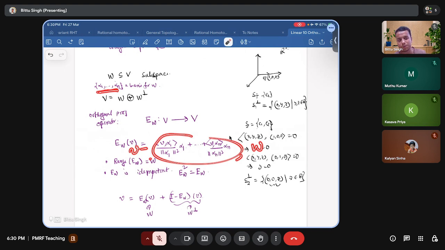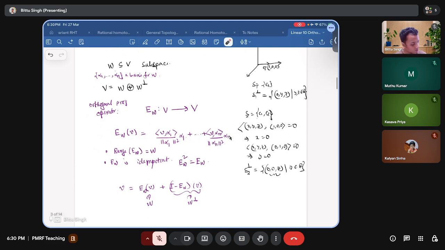You can explicitly check that this element belongs to W bar.